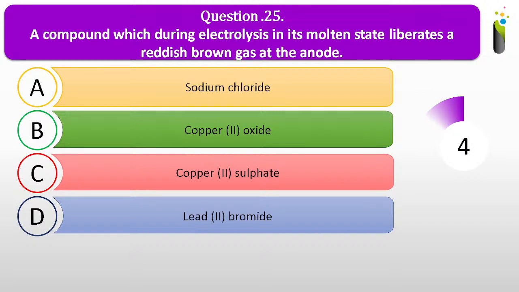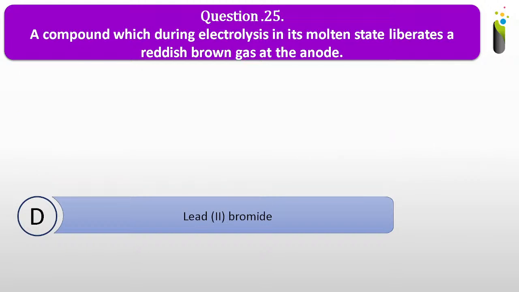A compound which during electrolysis in its molten state liberates a reddish brown gas at the anode is dash. So the answer for this is lead bromide.